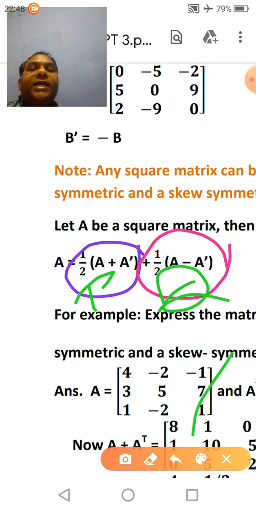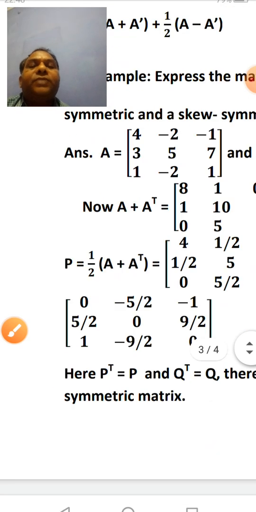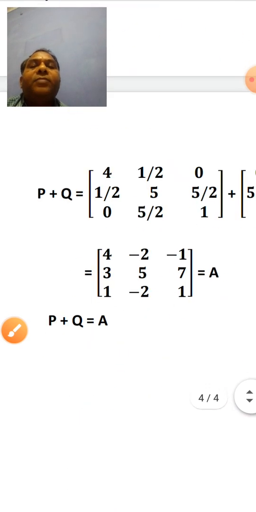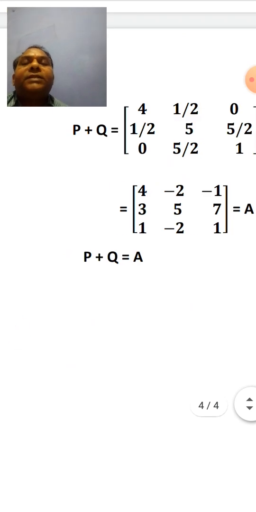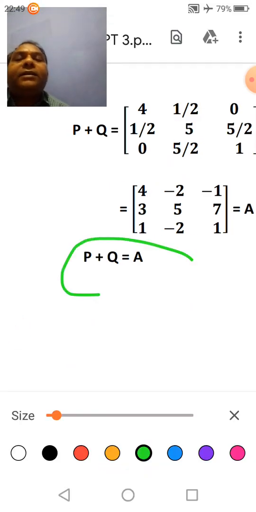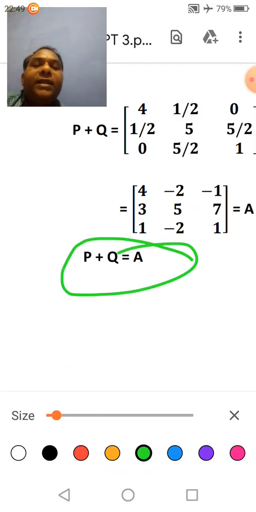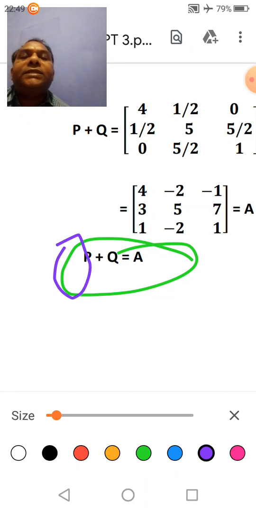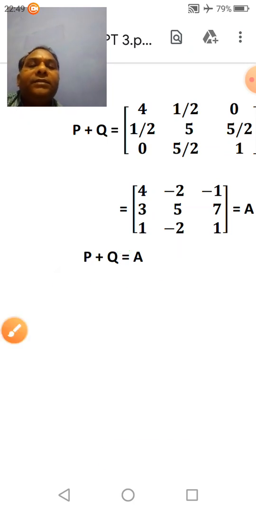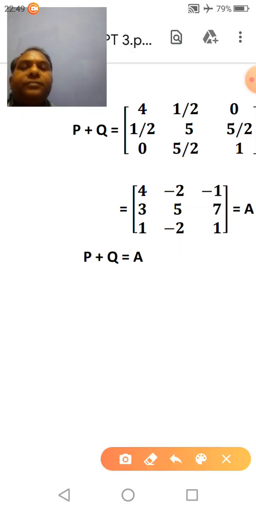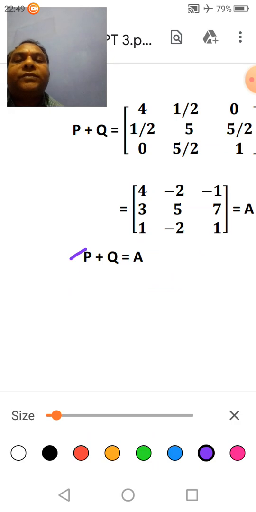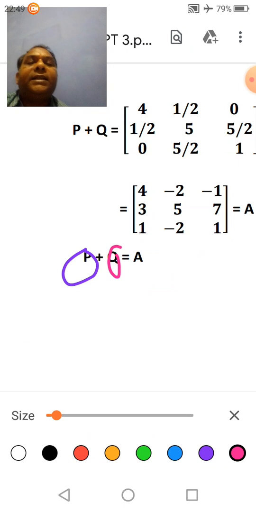And we can express the given square matrix as the sum of a symmetric and a skew symmetric matrix, where P is the symmetric matrix and Q is the skew symmetric matrix.